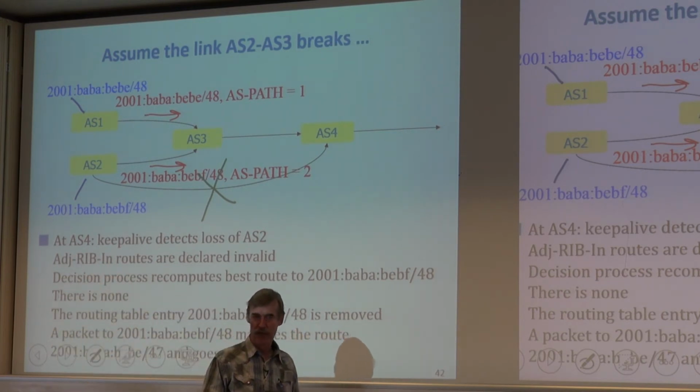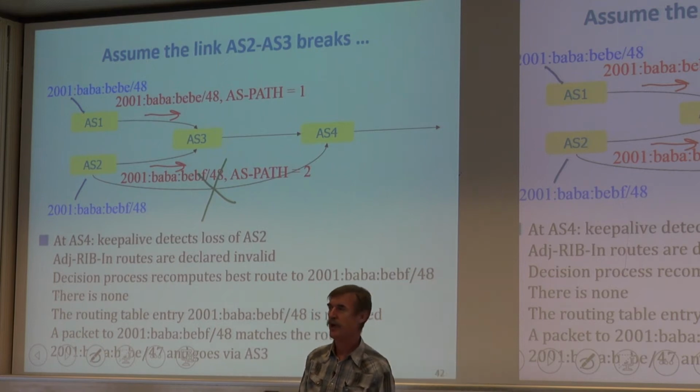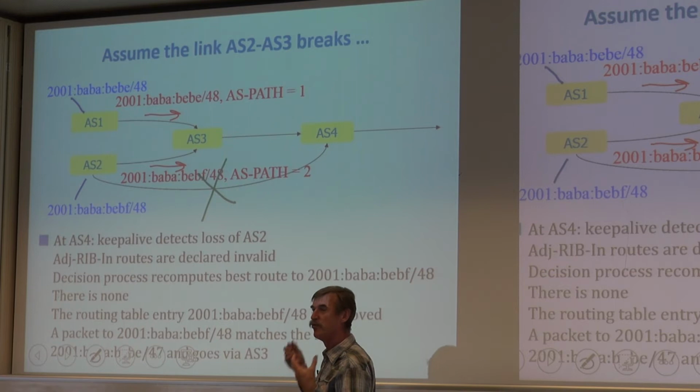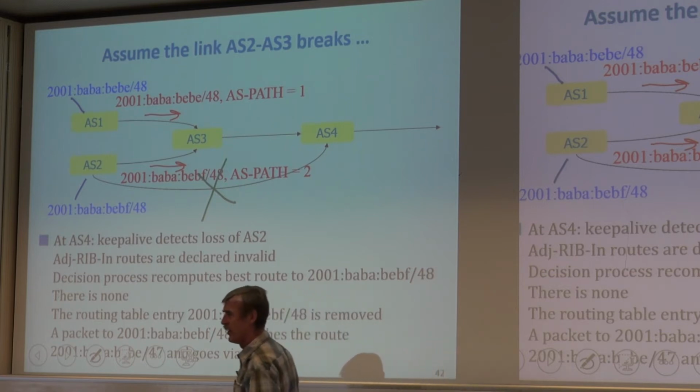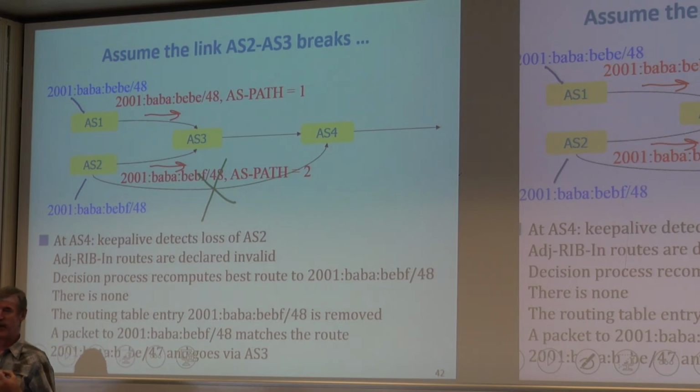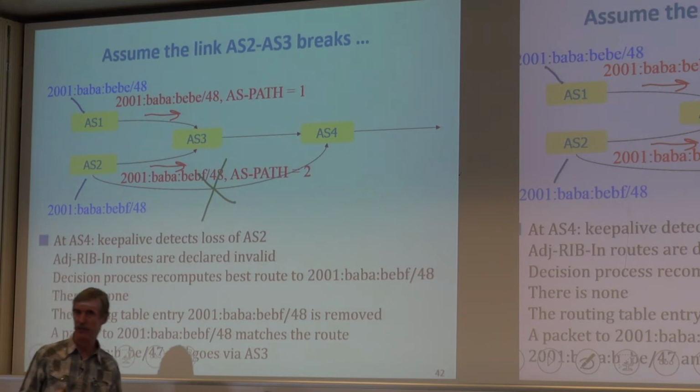But if you keep that route, for example, if there is a lot of traffic between AS4 and AS2, perhaps two labs doing super computers in physics that have a lot of data to exchange, then perhaps you prefer to go directly on this link. If that's the case, you will keep it.